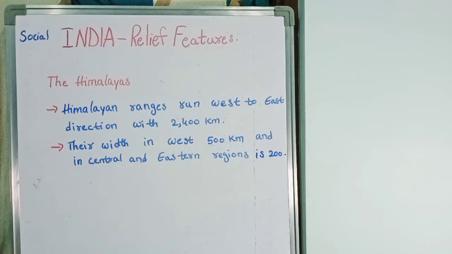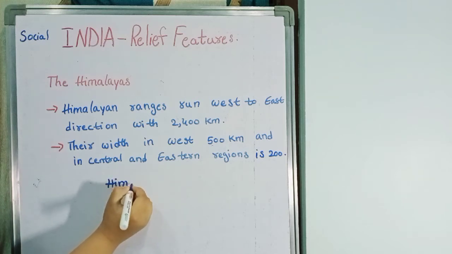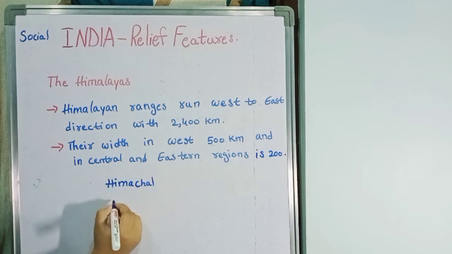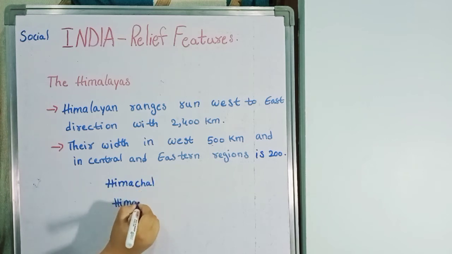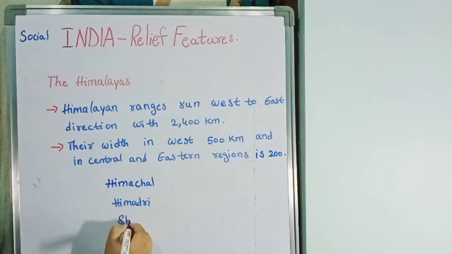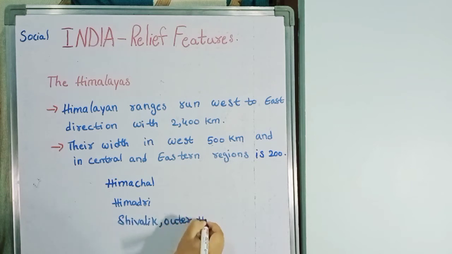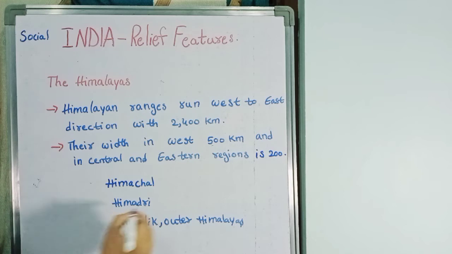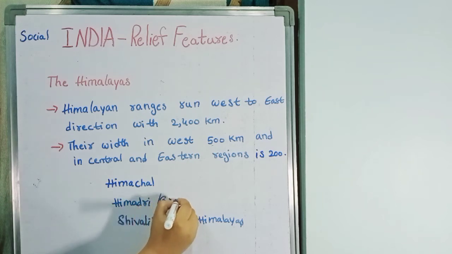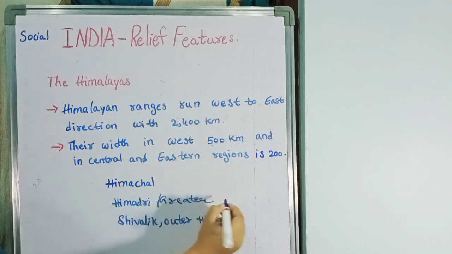They are Himachal, Himadri and Shivalik. Shivalik is also called the Outer Himalayas, and Himadri is called the Greater Himalayas.